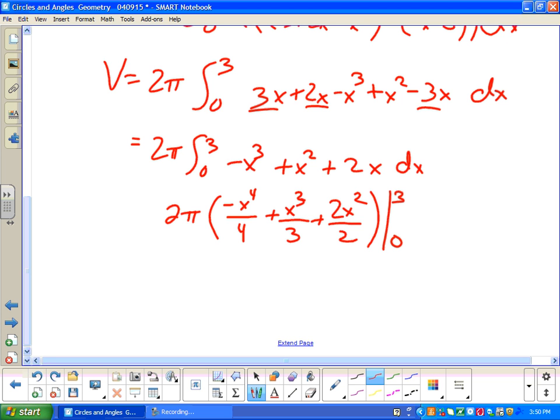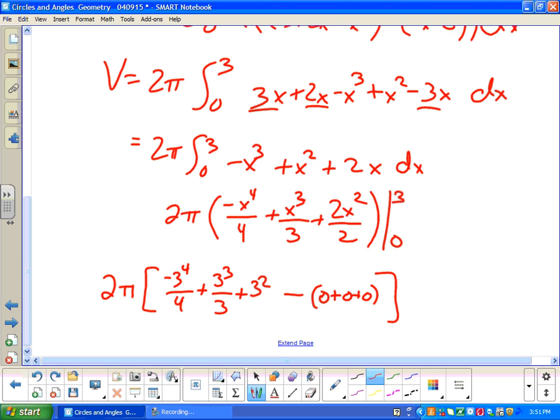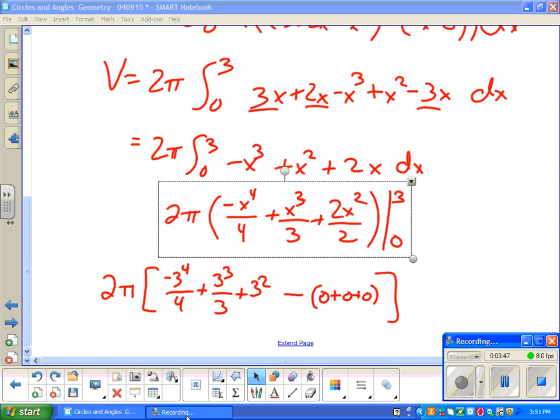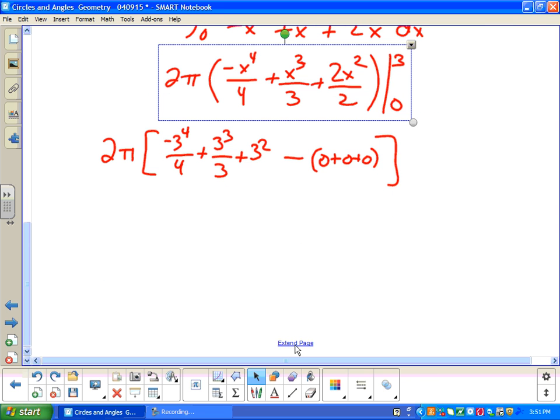I can see 0 when I plug it in, it's going to make everything 0, so that makes this a little easier. 2 pi times negative 3 to the 4th over 4 plus 3 cubed over 3 plus 3 squared. Minus 0 plus 0 plus 0. So negatives in front. All right. Now this is kind of ugly. I'm going to do this by hand.